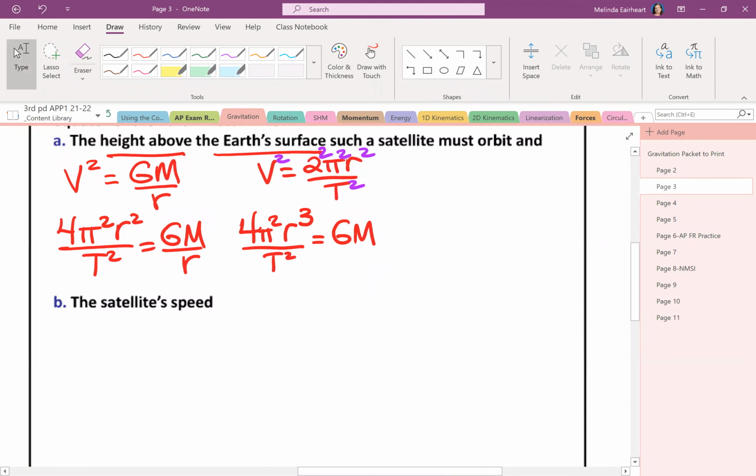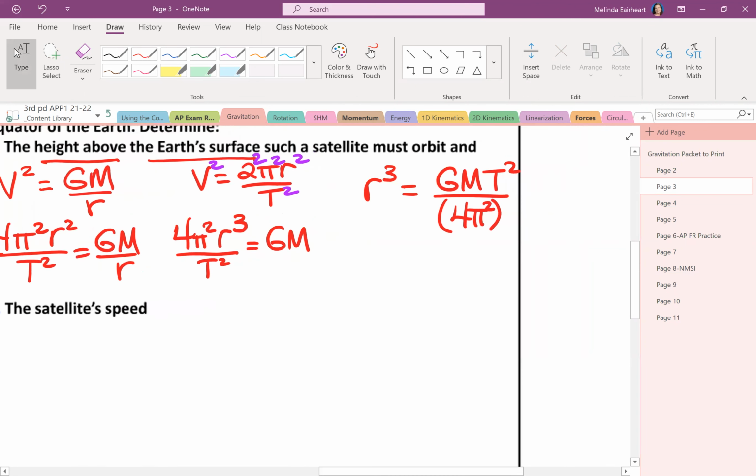And so multiply both sides by T squared, divide both sides by 4 pi squared, and we get r cubed is GM T squared over 4 pi squared. And then final answer, we got to do what? Cube root.